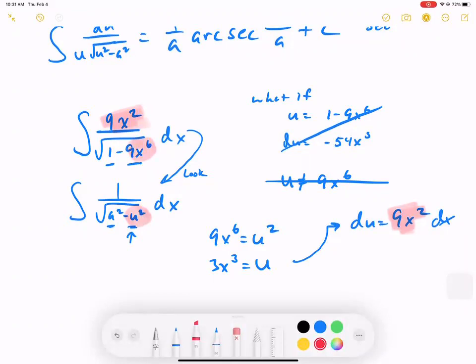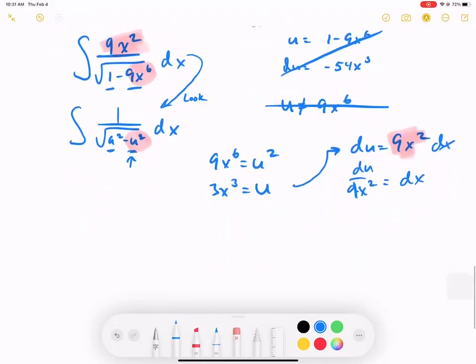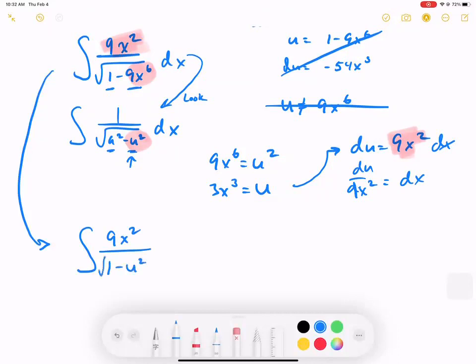And then dx is equal to du over 9x squared. So let's rewrite all our substitutions. This is the integral of 9x squared over 1 minus u squared, because we traded it for u squared, and dx is now du over 9x squared.